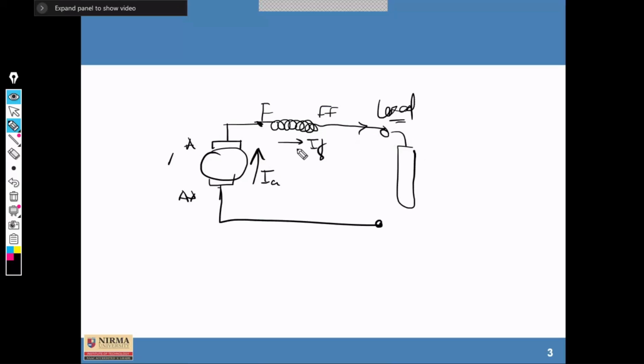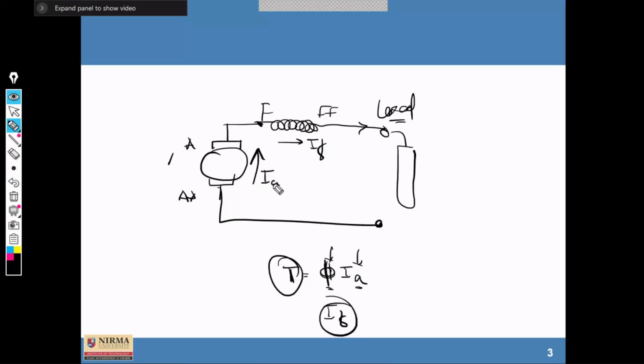Here we know that torque is proportional to phi IA. Fine. So if you want to increase the torque, either you can increase the flux or you can increase the armature current. This flux can be generated with the help of the field current IF. Clear?